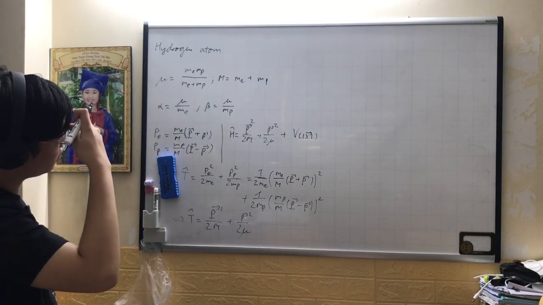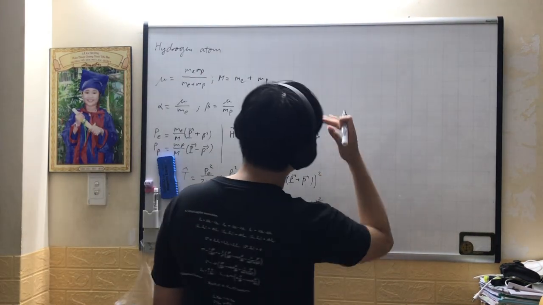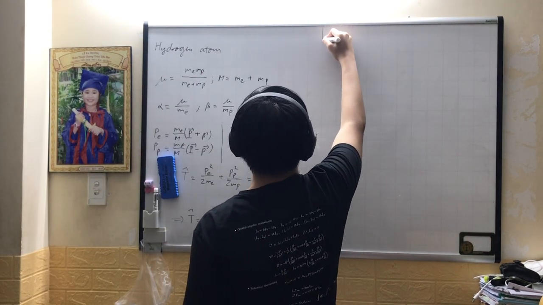Now let's put these into the time-independent Schrodinger equation and try to find the energy to see how it looks.